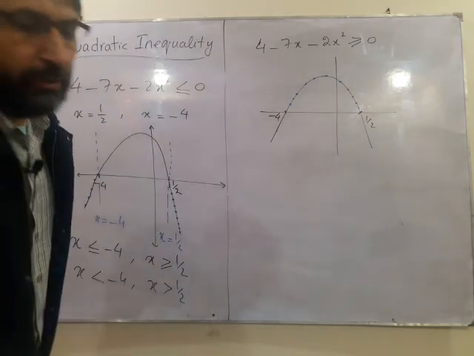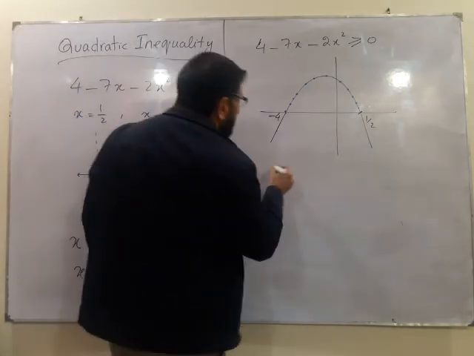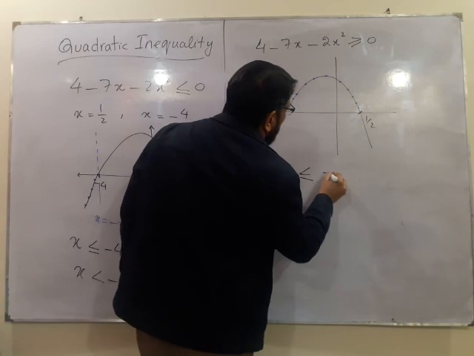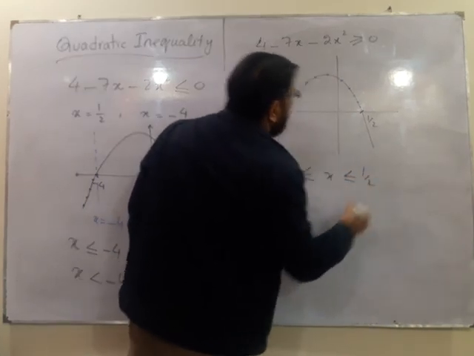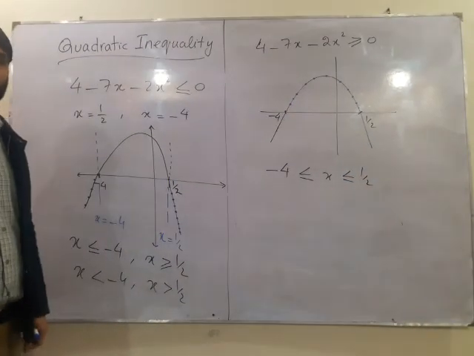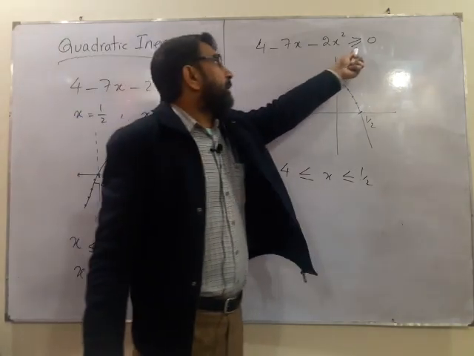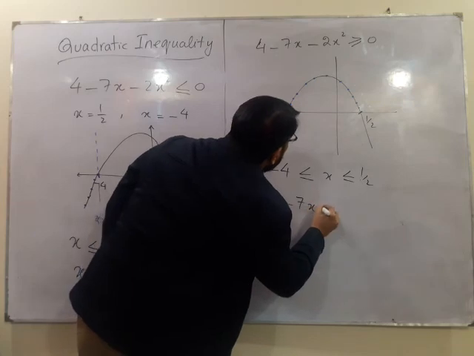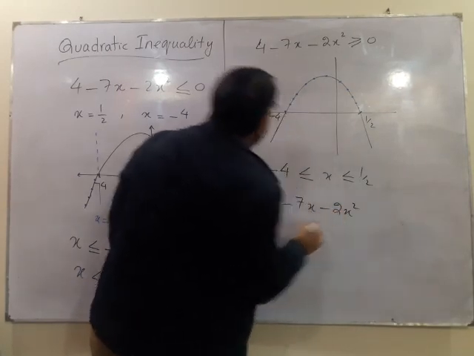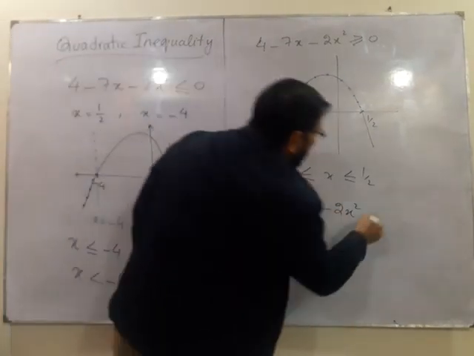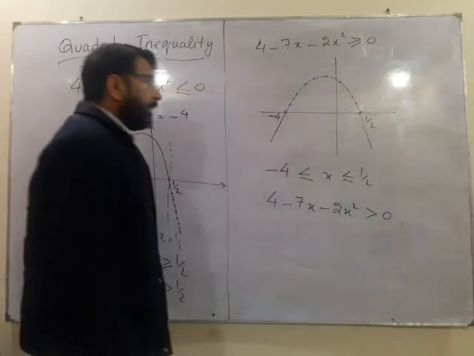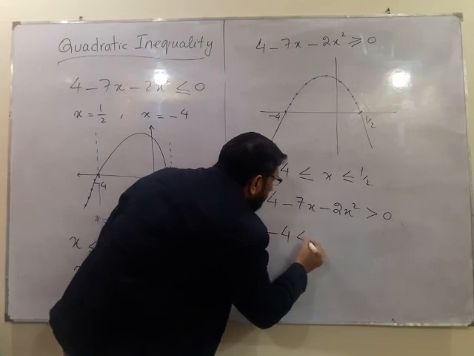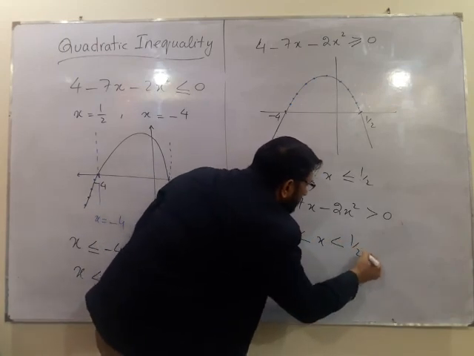So we can say that the solution lies between minus 4 and 1 by 2. If this equality sign is removed, that means 4 minus 7x minus 2x squared is greater than 0, the only change in the answer is that no equality will be mentioned at minus 4 and 1 by 2.